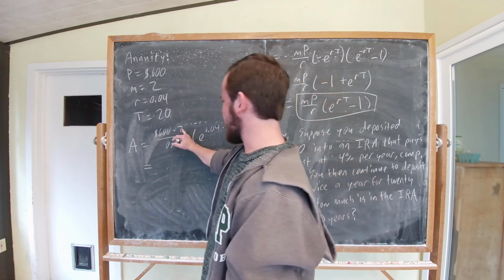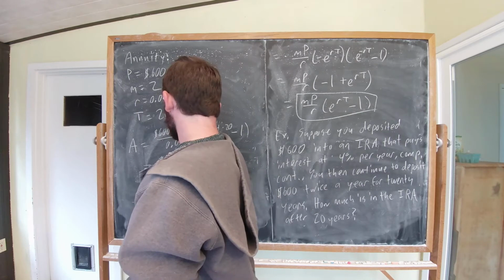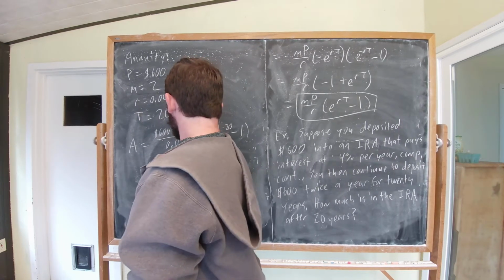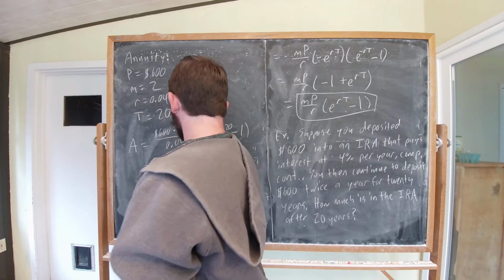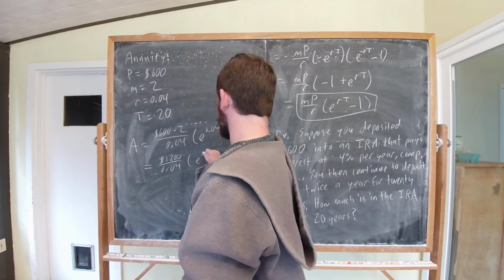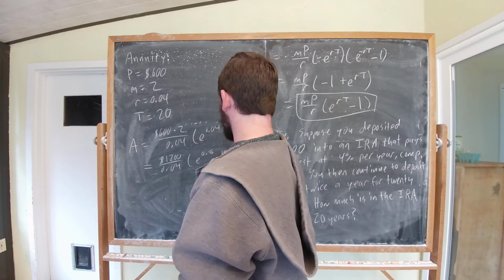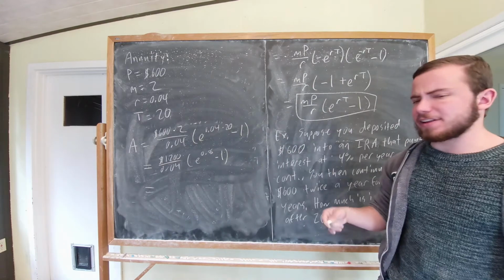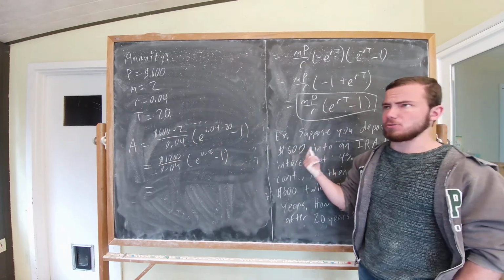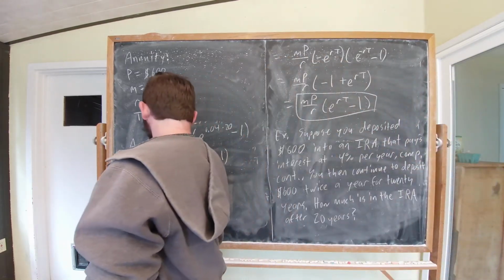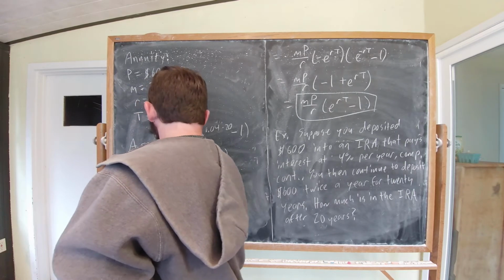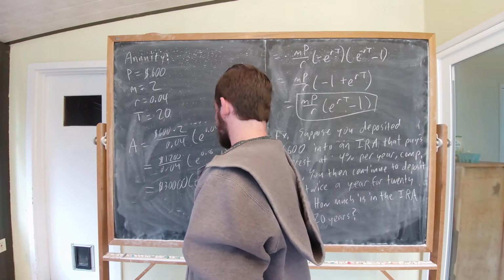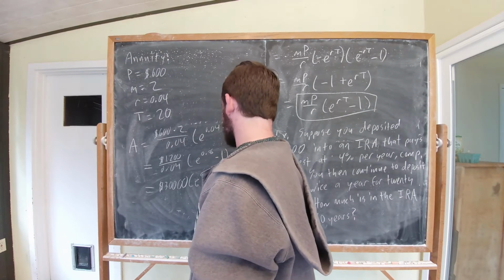Alright, so this is 1200 divided by 0.04 times e to the 0.8 minus 1. Doing that division out, that's 300 divided by 0.01. So add 2 zeros on, we get $30,000 times e to the 0.8 minus 1.